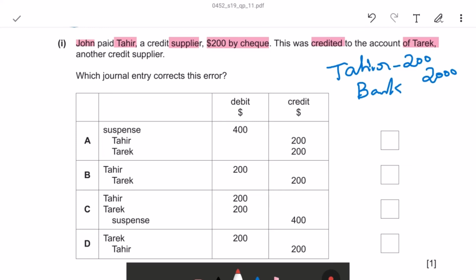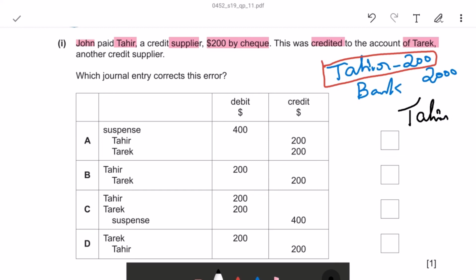They did not enter Tahir 200, but they credited this to the Tariq account. To correct this error, first we enter Tahir. Then we have to remove Tariq from the credit side. To remove Tariq from the credit side, we bring Tariq to the debit side. So first we enter Tahir, Tahir account debit.